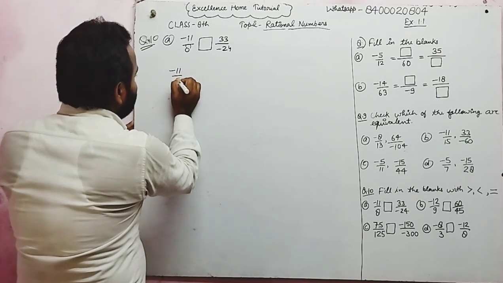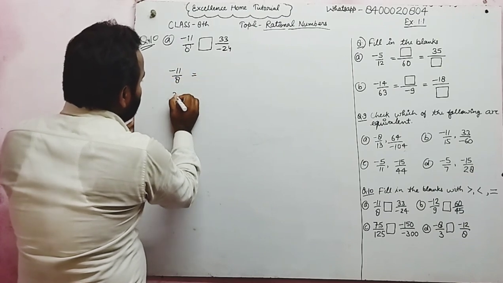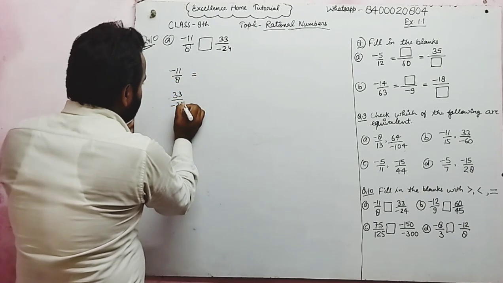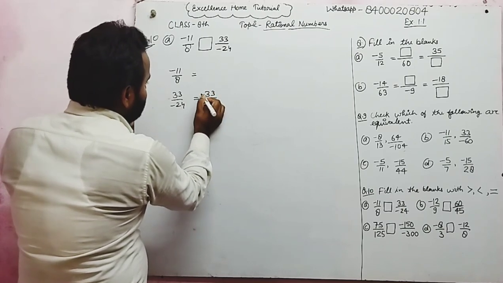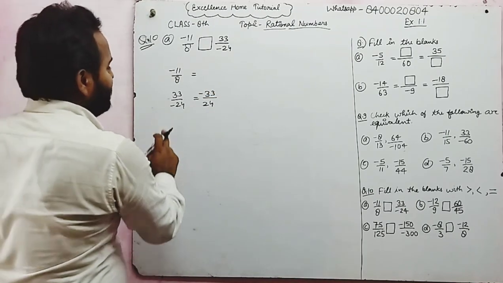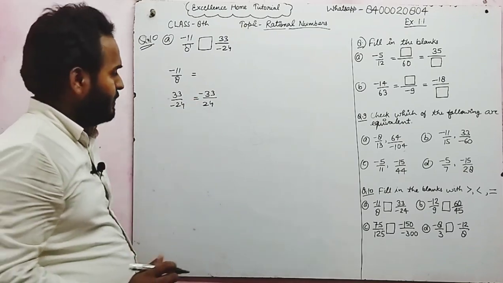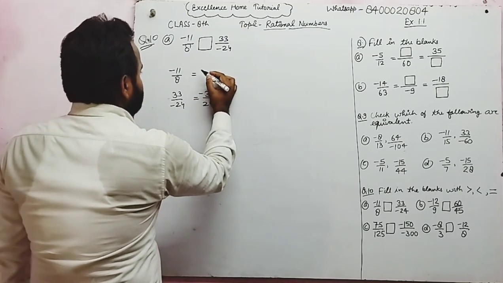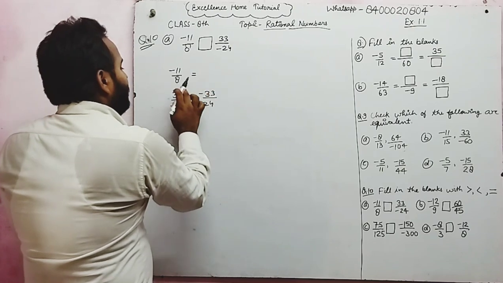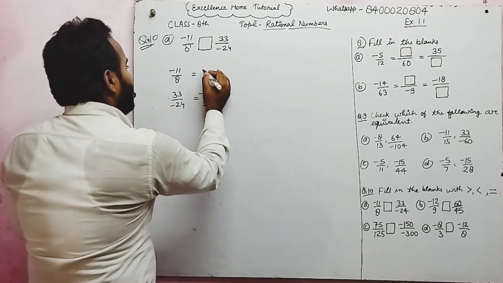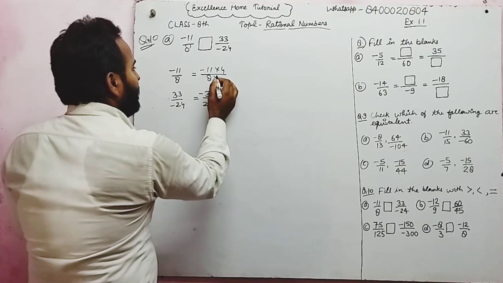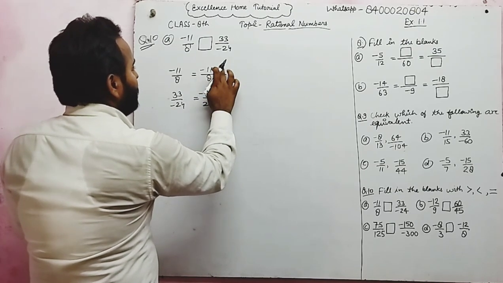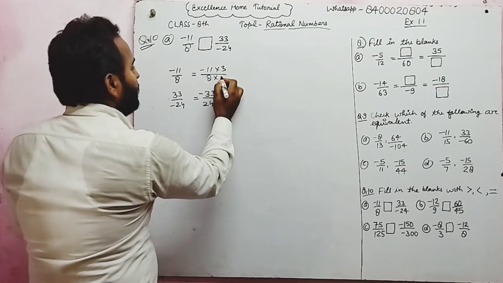So minus 11 by 8 and 33 by 24. First of all, we have to shift the minus sign into the numerator. After that, 8 times 3 is 24, so we multiply this by 3.